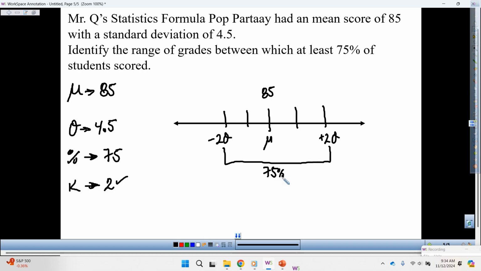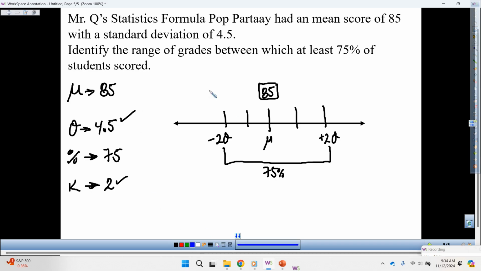What are they asking in regards to that 75%? They say, identify the range of grades for that pop quiz. So what was the mean for the pop quiz? It was what? 85. So if 75%, which is the norm, fell between the two standard deviations, what numbers are that? Well, we just use the standard deviation, and we go 2 up and 2 down.